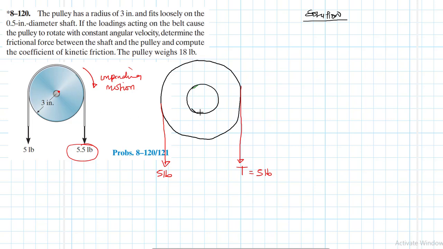Okay, so let's put that point of contact somewhere there like so, and then draw the shaft. So the shaft will be something like this. I may not be very perfect, something like this.